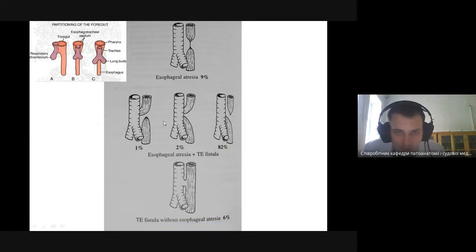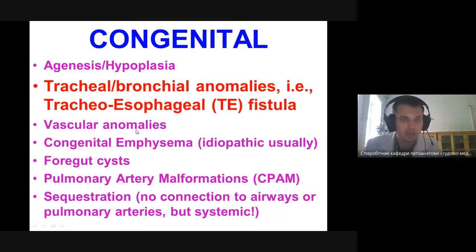Then with fistula, when trachea and esophagus are joined to each other because of problems in their embryonal part of life.